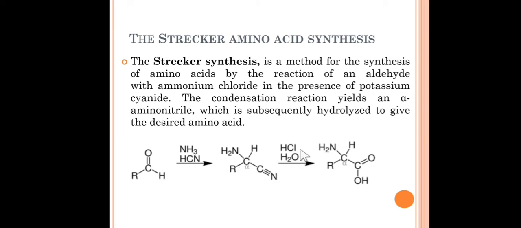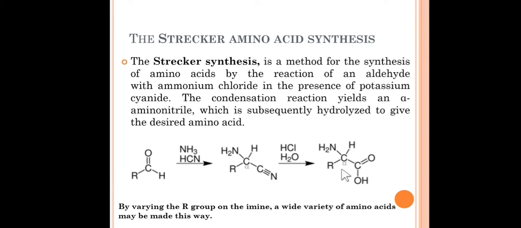When this amino nitrile is hydrolyzed, it subsequently gives us the amino acid, or I will say alpha amino acid. Now let's see its advantages. By varying this R group from the aldehyde or imine, we can prepare a wide variety of amino acids by this method.